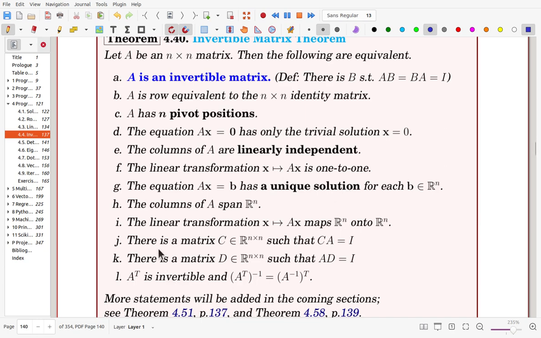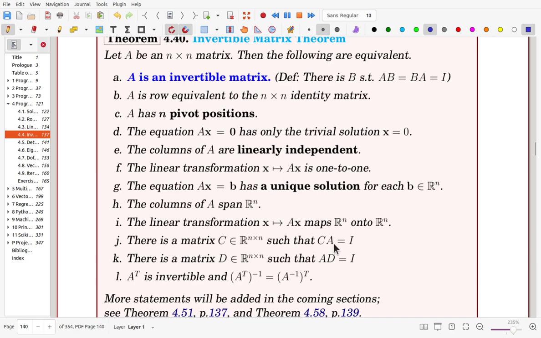Okay. There is a matrix C such that CA is the identity. The original definition of an invertible matrix is the existence of a matrix such that right multiplication and left multiplication are simultaneously the identity matrix.